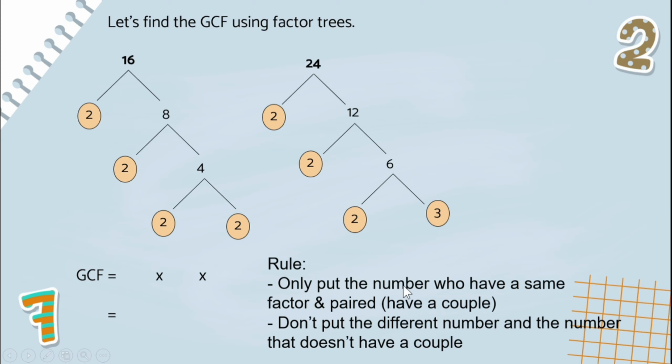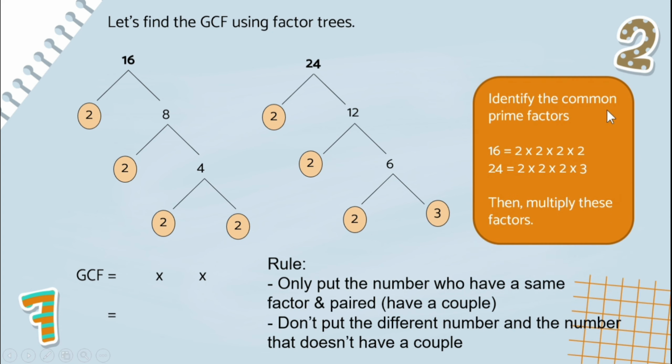And now we are going to identify every common prime factor of 16 and 24. 16 is 2 times 2 times 2 times 2, and 24 is 2 times 2 times 2 times 3. Remember the rule: only put the same numbers that have a pair, and don't put the different number or the number that doesn't have a couple.